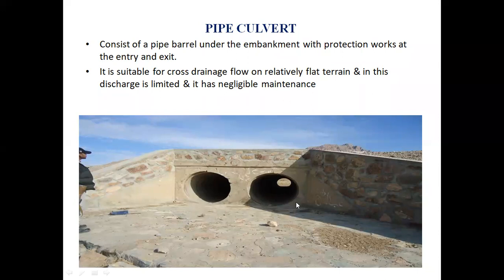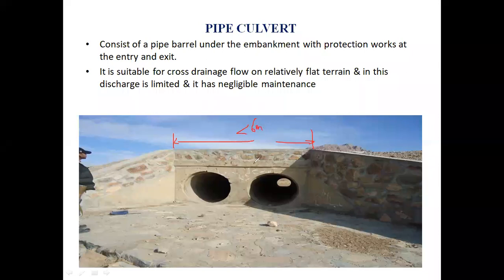So why are these pipes provided? To have a water passage from one end to the other end. These spans will be less than 6 meters only. The span is from this end to this end, so this will be less than 6 meters.